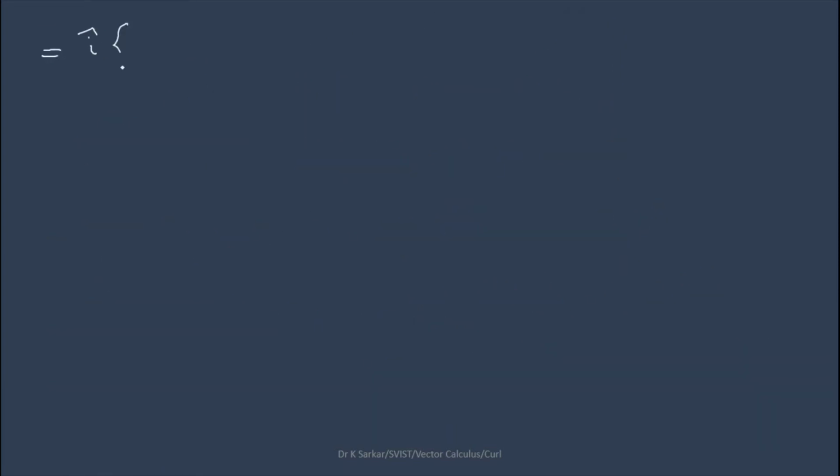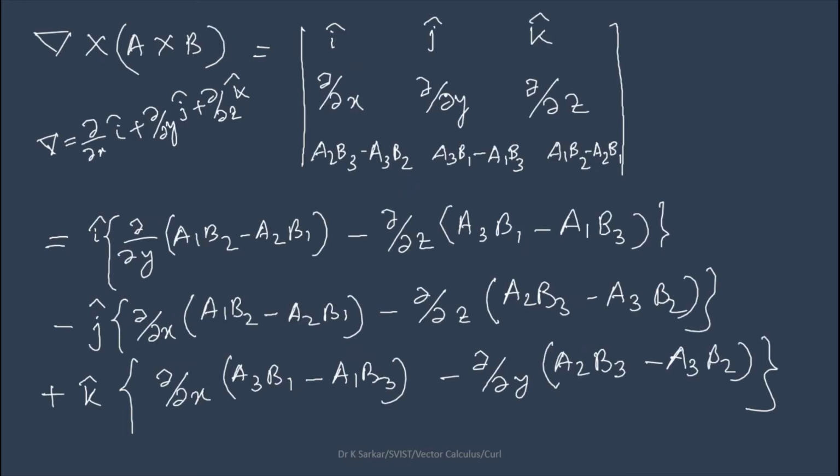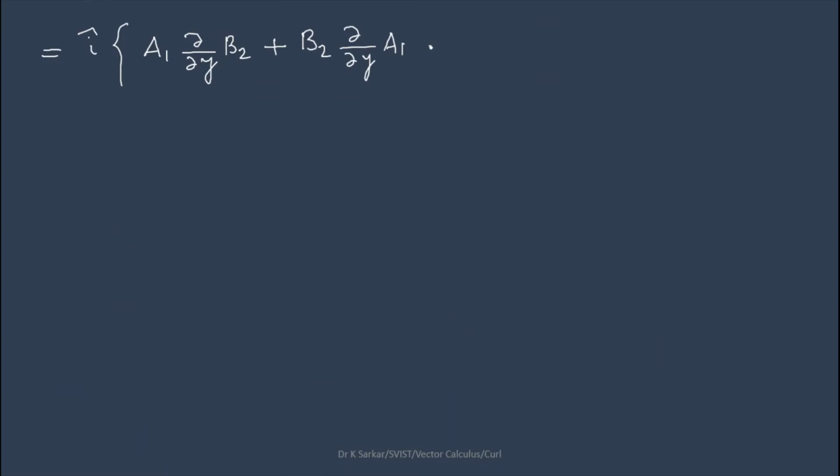i times: A1 del/del y of B2 plus B2 del/del y of A1. Next, minus A2 B1 gives minus A2 del/del y of B1 minus B1 del/del y of A2.